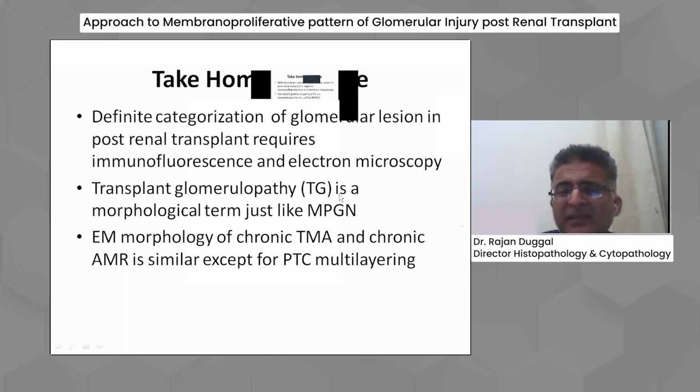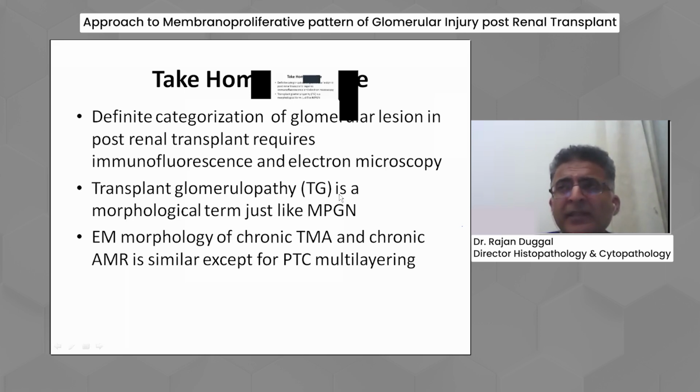But remember, if on the first biopsy I find acute tubular injury, C4D is negative, and there is no microvascular inflammation, I say that you reduce the CNIs, because there is no morphological evidence to suggest ABMR.